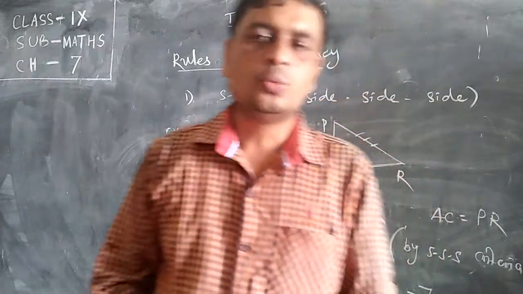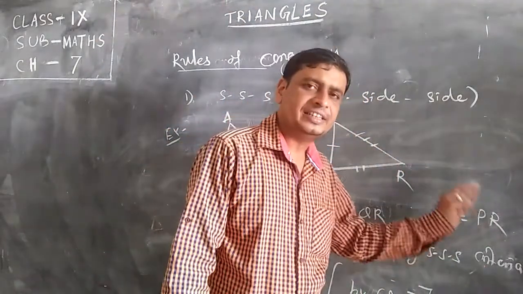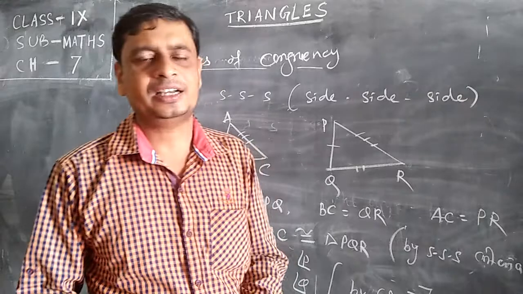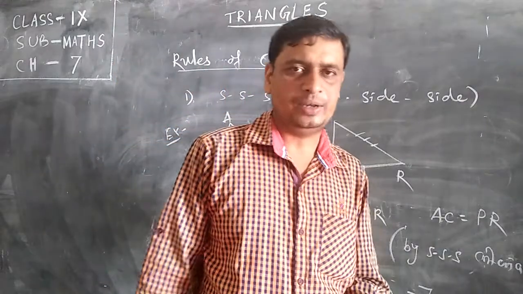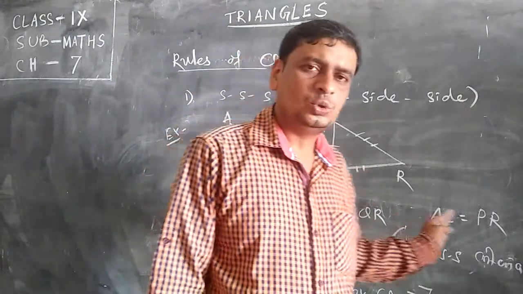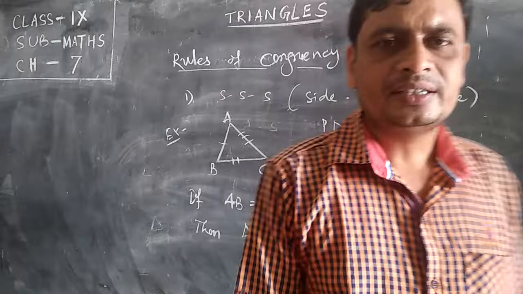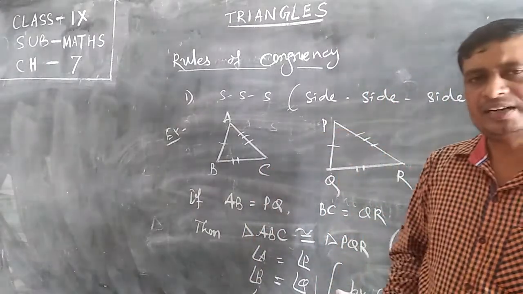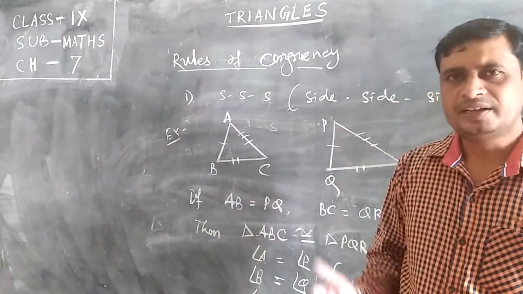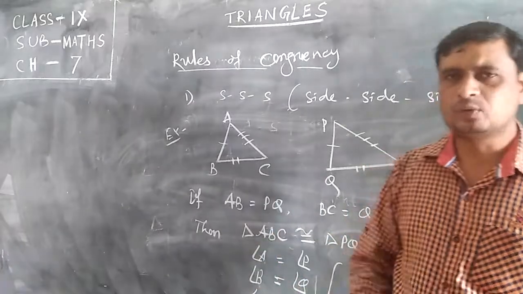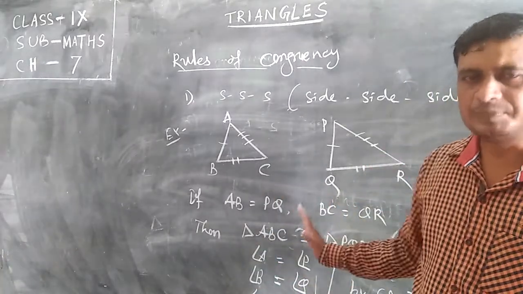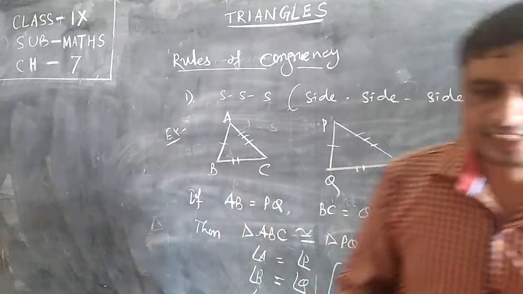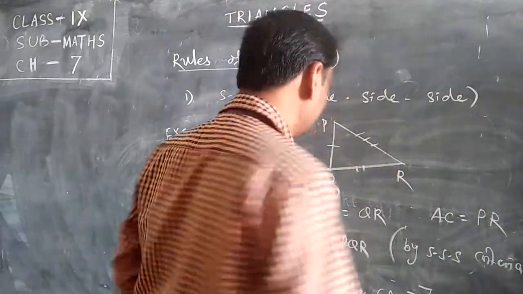So whenever two triangles are congruent, we can write their corresponding parts as equal. According to the criteria of congruency, we represent any 3 parts as equal, and the remaining 3 parts become equal after the triangles are found congruent. Okay, next we will discuss one more example.